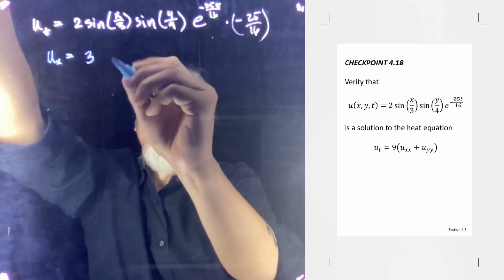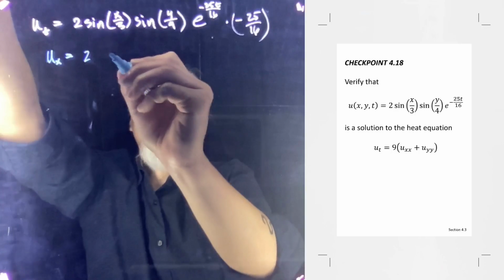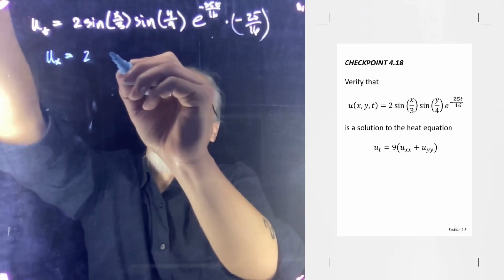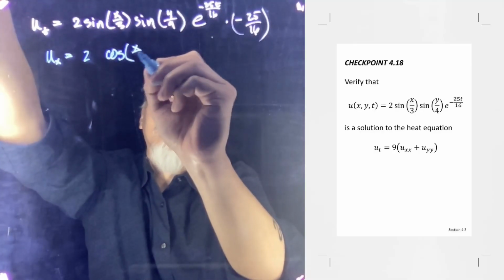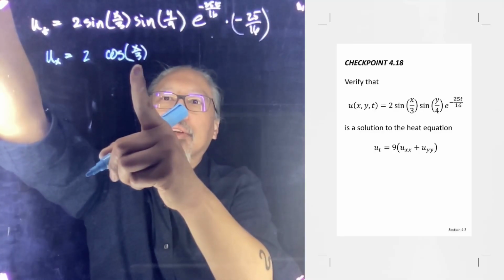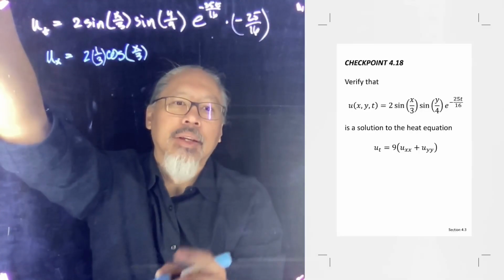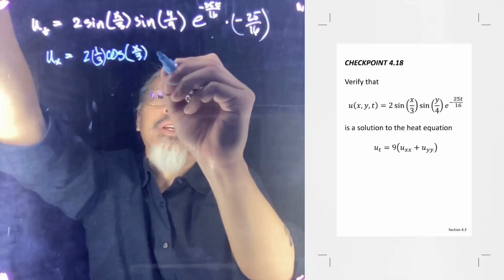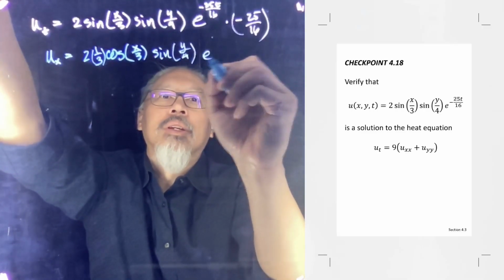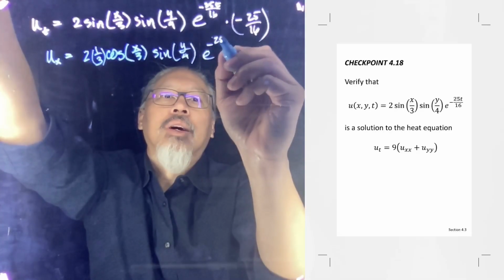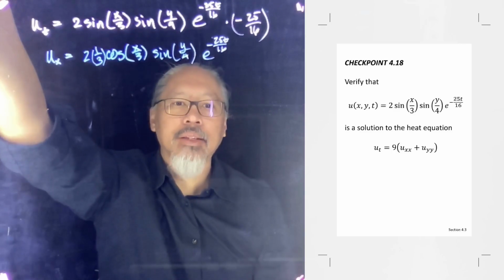So we'll put a 2 here, and then cosine of x over 3 times the derivative of x over 3, which is just 1/3, so we'll put a 1/3 out in front. Everything else is constant, so we just repeat it: sine y over 4 e to the negative 25t over 16. So that's the derivative with respect to x.